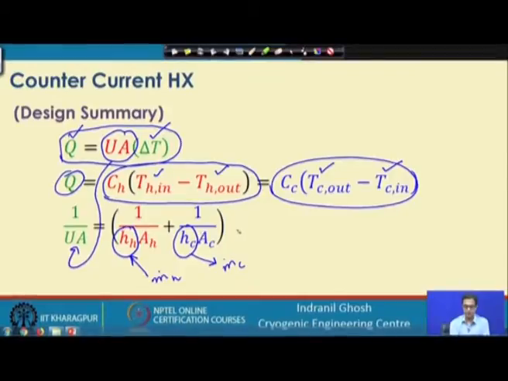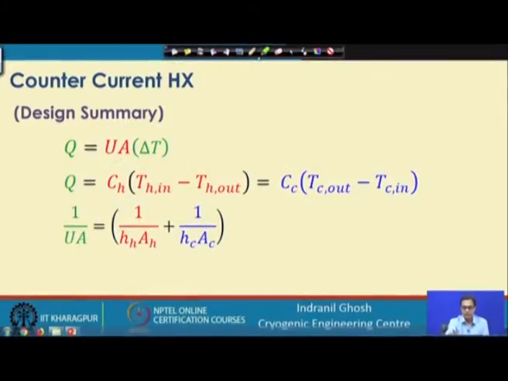But this is only one equation where the number of unknowns are many, like the length, internal diameter, outside diameter. So, in order to find out those numbers, we have to get other equations, by putting some other constraints like the pressure drop, then the overall size, then we get other equations, and then we can try to find out all this A_h and A_c.